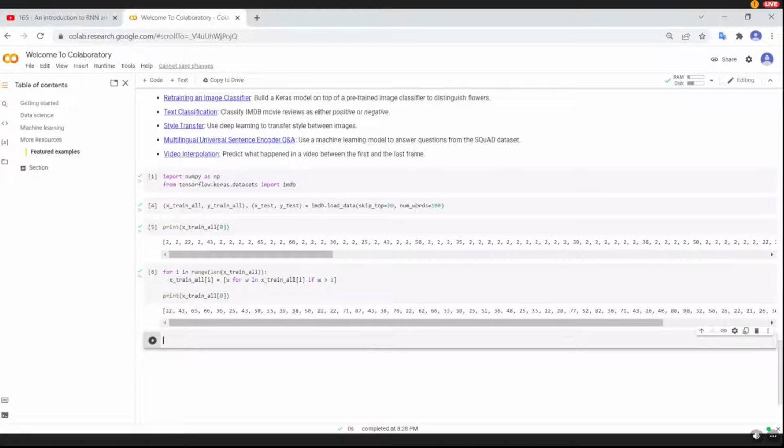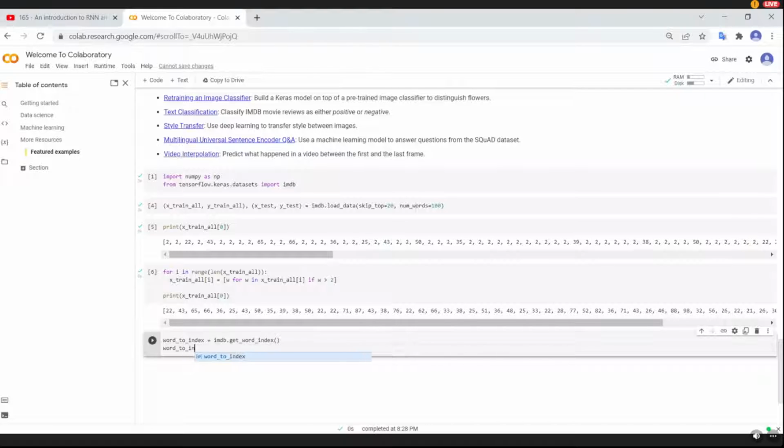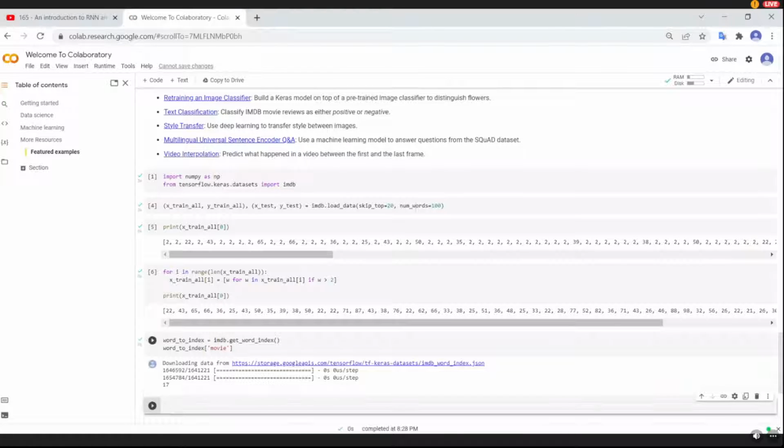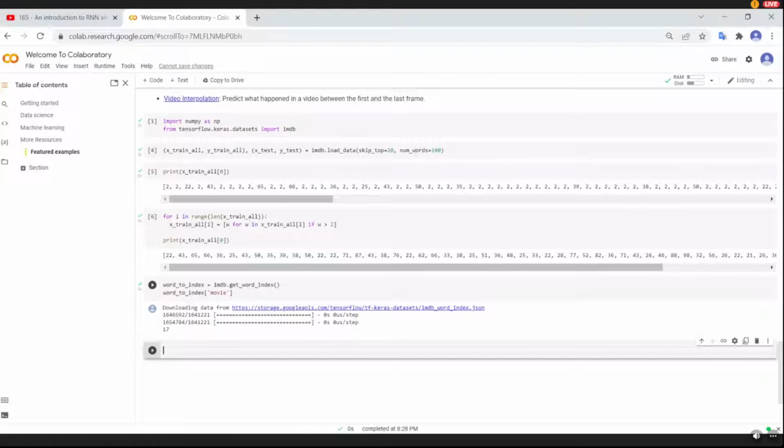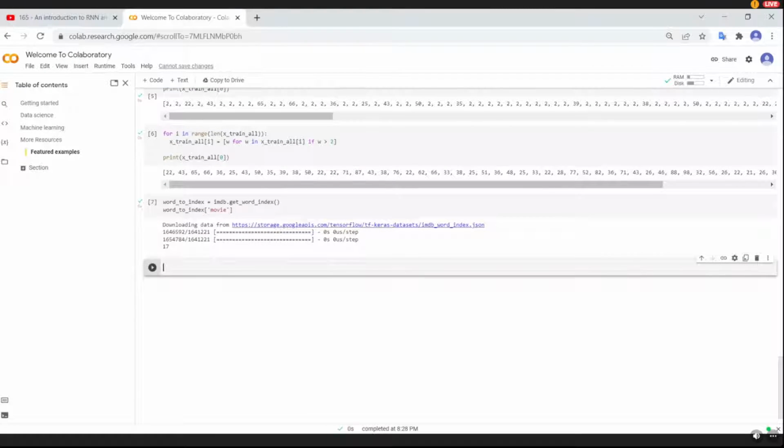And now we're gonna download a dictionary so that we can convert the numbers into actual words. word_to_index, imdb.get_word_index, word_to_index, movie. So we have downloaded a dictionary that will allow us to match a word for a number.